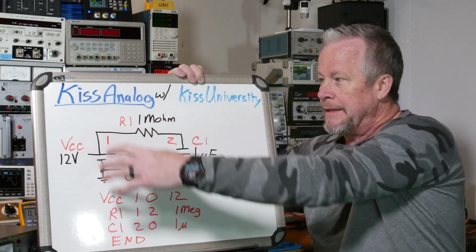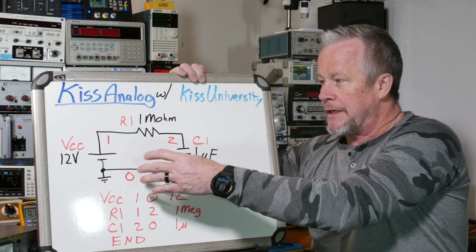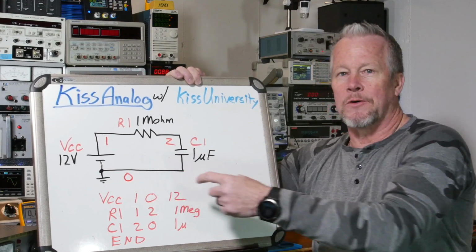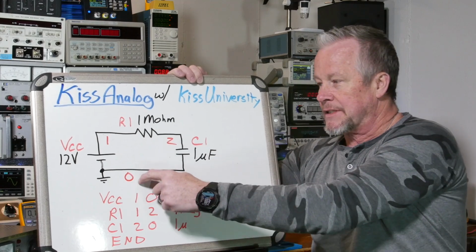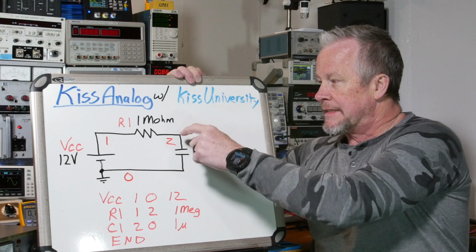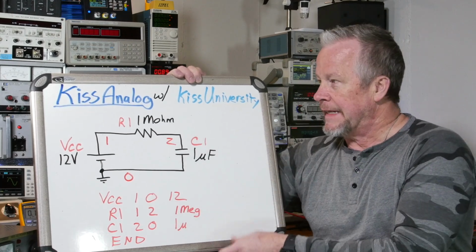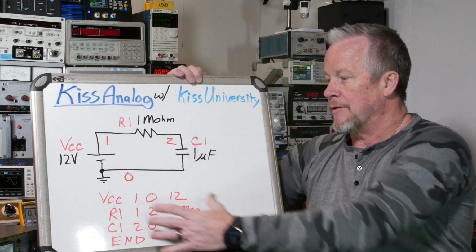SPICE is going to look at your circuit, and wherever you put this, it's going to call that node 0. It's going to base the analysis on this. So when you take your probe and click it up here, it's going to tell you the voltage between here and node 0.